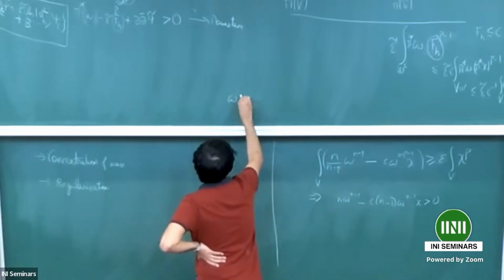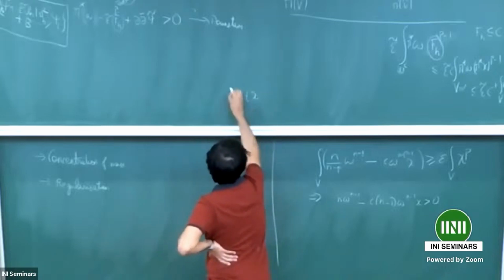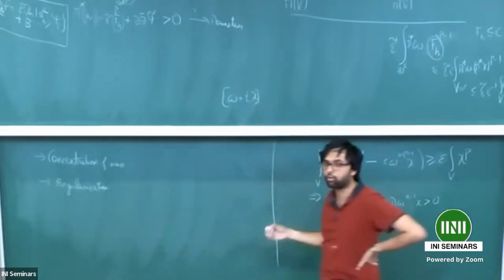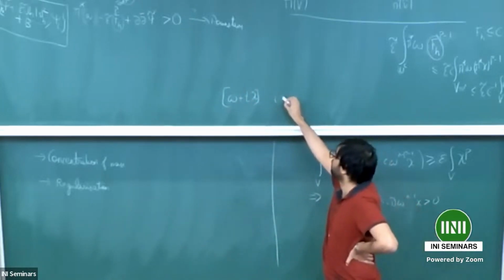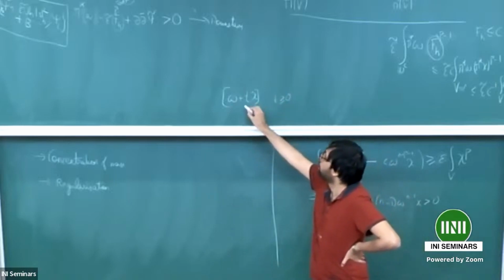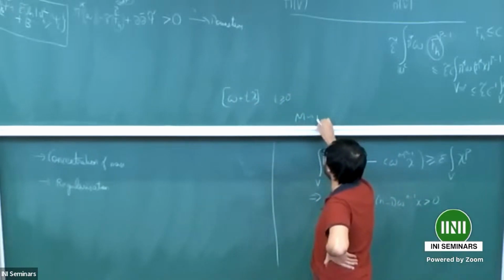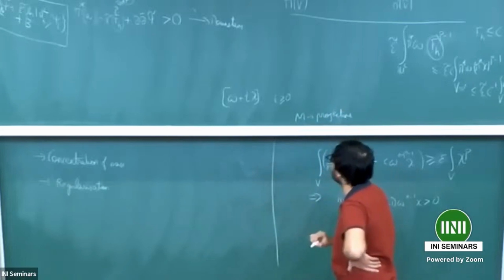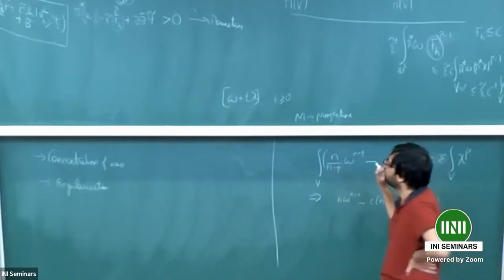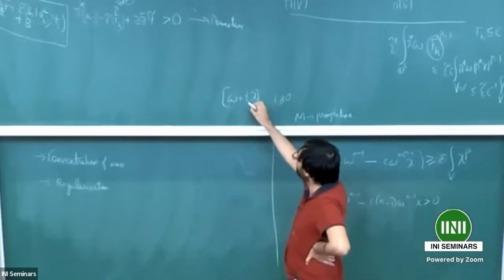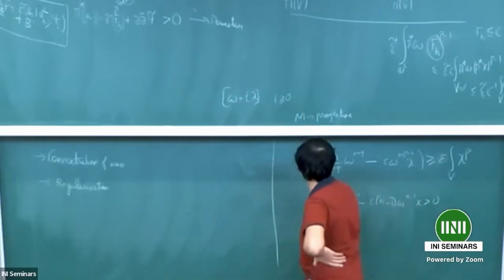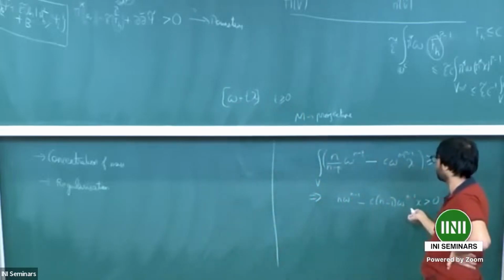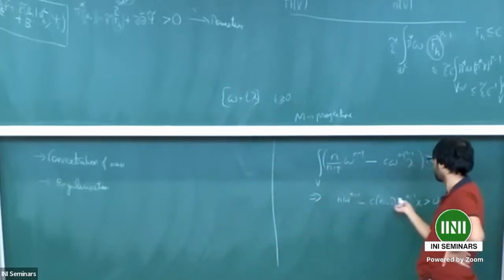You take omega plus t chi for large chi, for all t greater than or equal to 0, where again, m is projective. In this talk of mine, m is always projective. For large t, obviously this has a representative that meets this criterion, since this has a larger power than this.